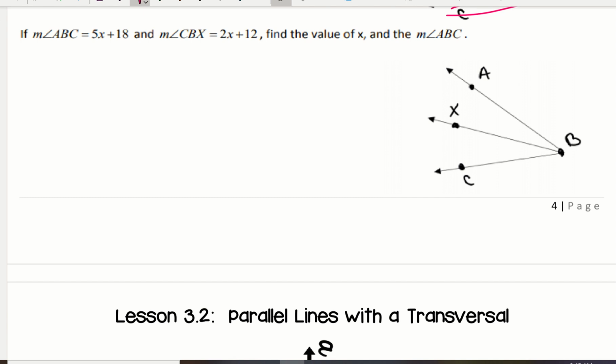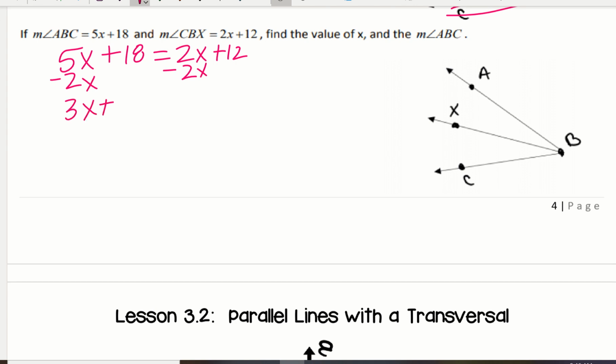Okay, so for this last example, Amaris, how'd you set it up? Perfect. 5x plus 18 equals 2x plus 12. Okay. Brenna, what's my first step? Move my 2x over. So I get 3x plus 18 equals 12.